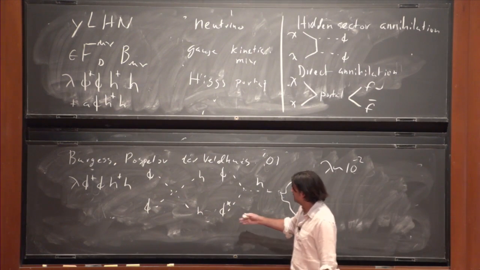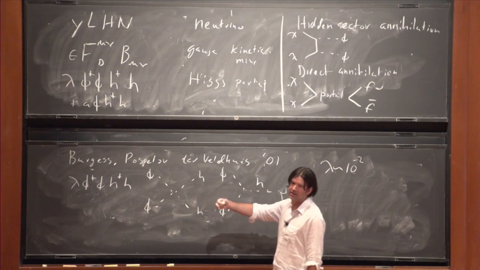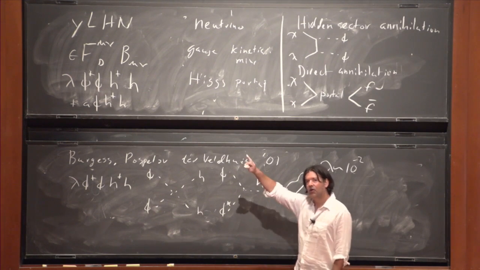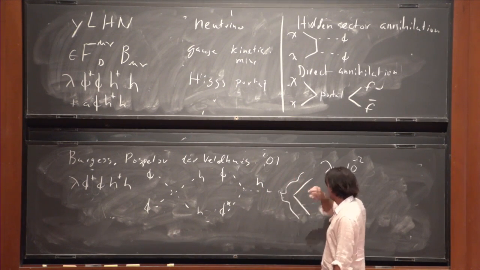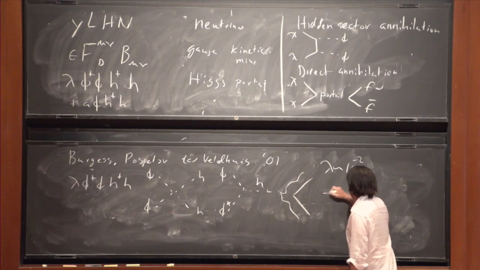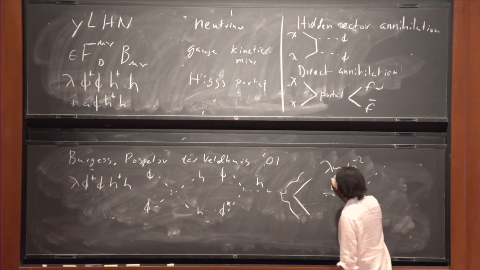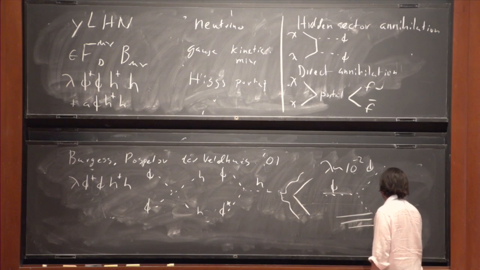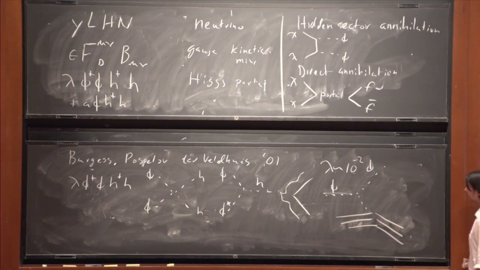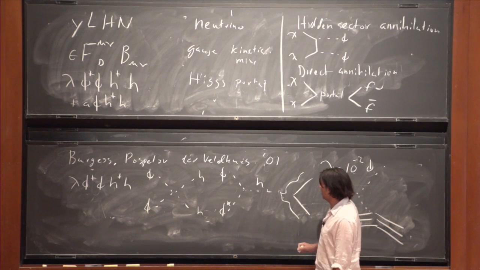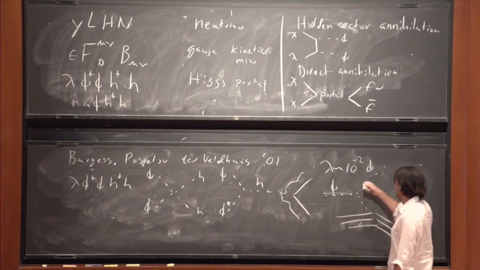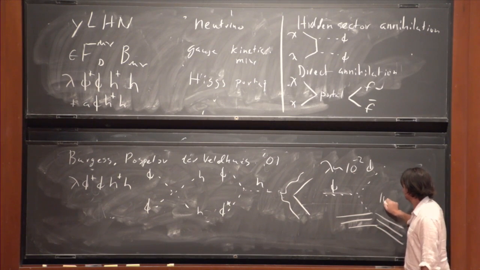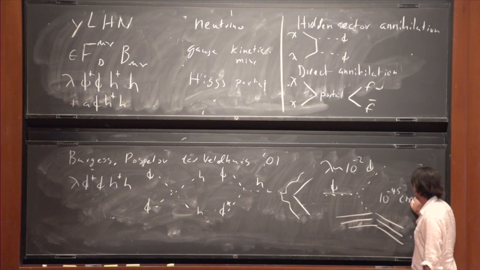For lighter phis, as phi gets down to like 20, 10 GeV, because the annihilation goes through the Higgs, the coupling constants that you need rise rapidly. And as a consequence, there is a direct detection signal where phi can exchange a Higgs boson and scatter off of a nucleus. In the 60 GeV range with this sort of coupling constant, this direct detection cross-section is around 10 to the minus 45 centimeters squared.